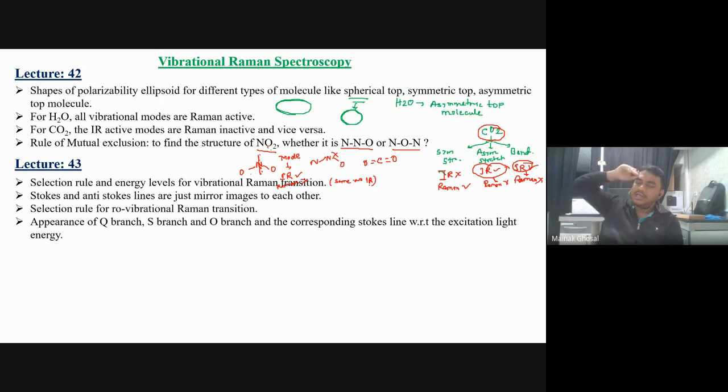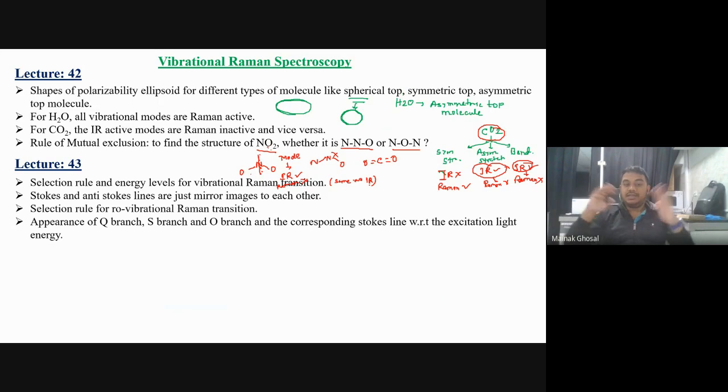The selection rule delta J equals 0, plus minus 1, plus minus 2, etc. is also true for Raman transitions. That is, the selection rule for normal IR vibrational transition and vibrational Raman transition are the same. And then it was shown that the Stokes and anti-Stokes lines are mirror images of each other.